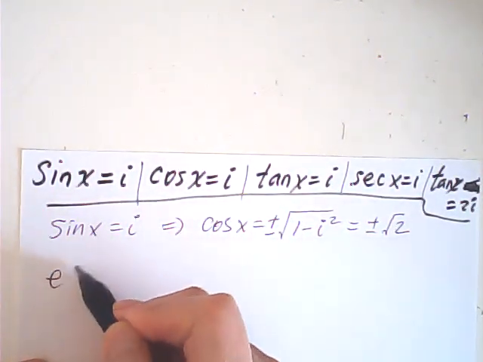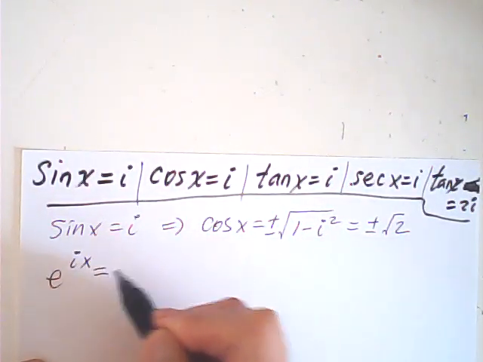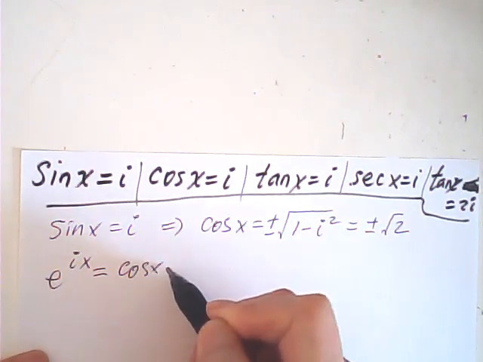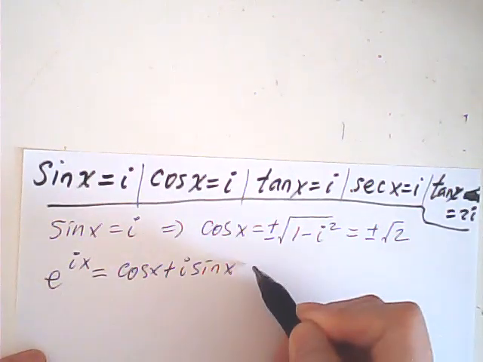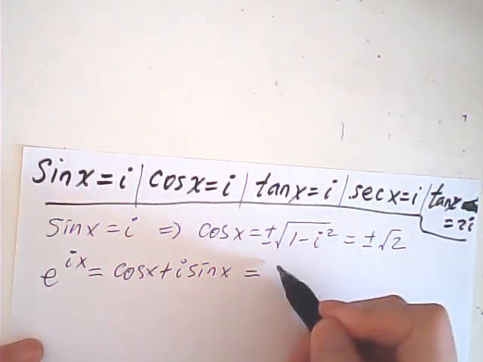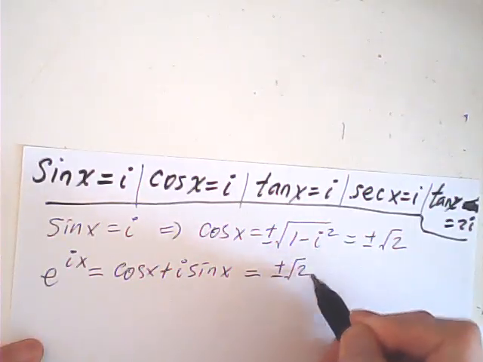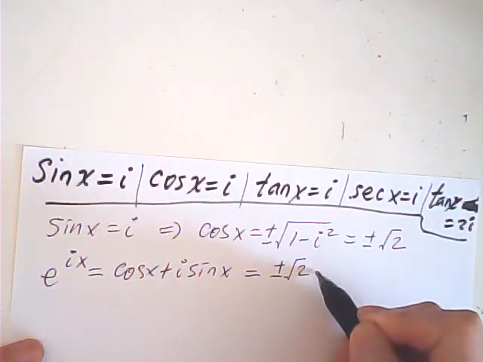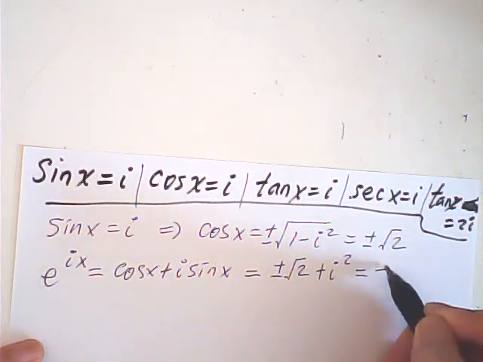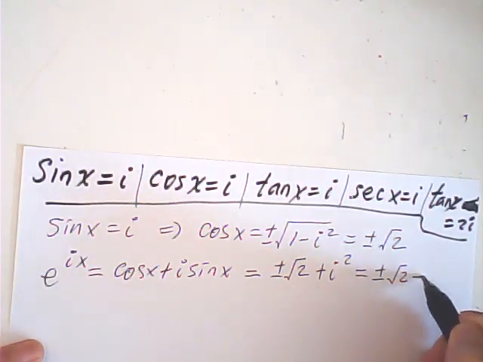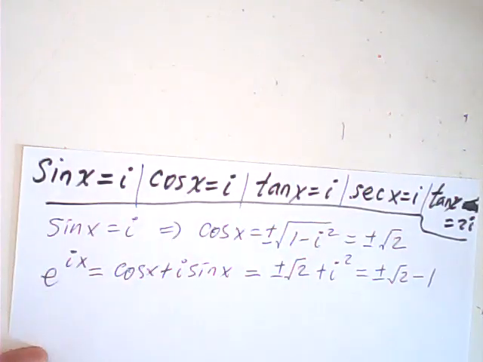Now then, e to the ix is equal to cosine x plus i sine x, which is equal to plus or minus root 2 plus i squared, which is equal to plus or minus root 2 minus 1.